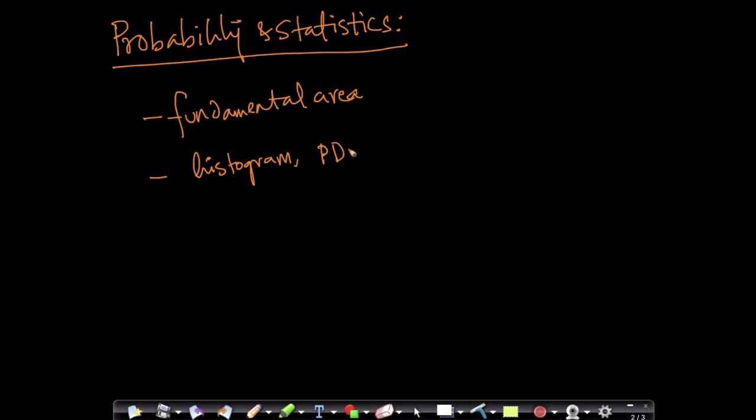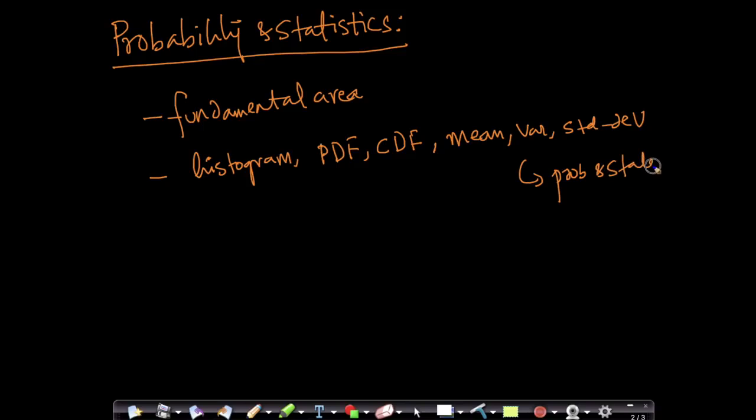We learned ideas like probability density function, cumulative distribution function, and also mean, variance, standard deviation, etc. All these are actually concepts in probability and stats. Even though we learned them in exploratory data analysis, these are very fundamental ideas. We saw how we could use histogram or PDF to understand which feature is important. All these are very interesting and important ideas that we will learn in more detail in this chapter.